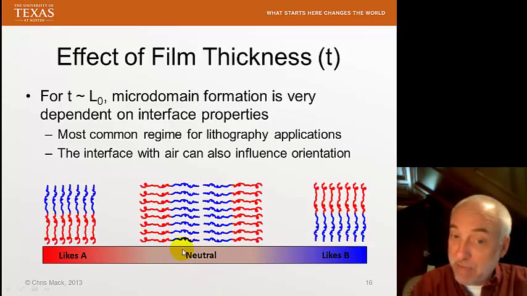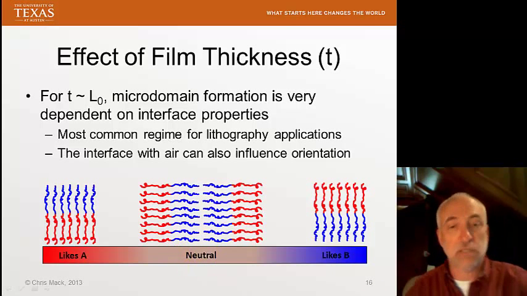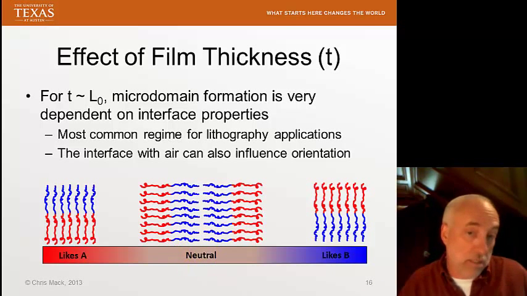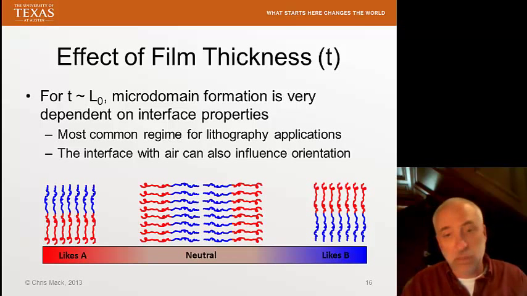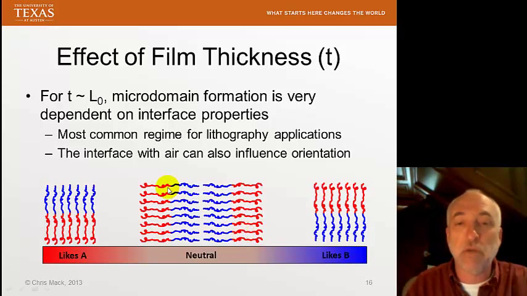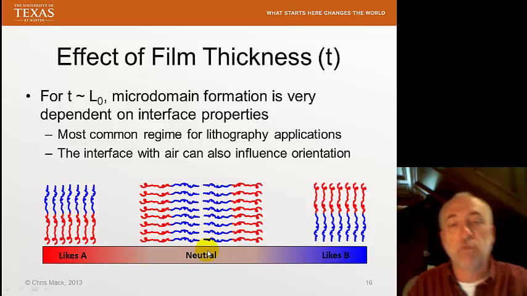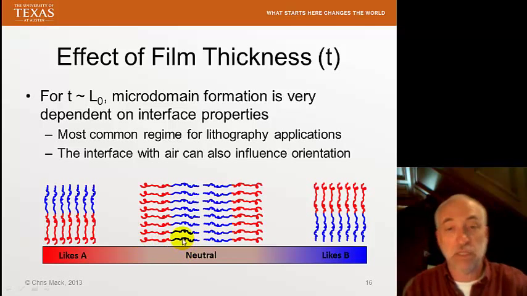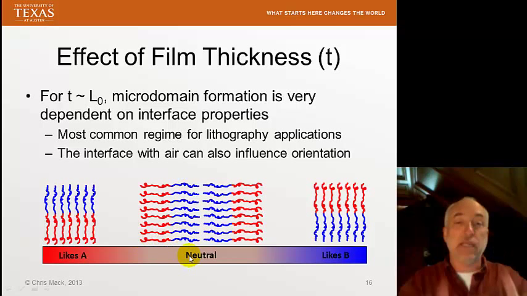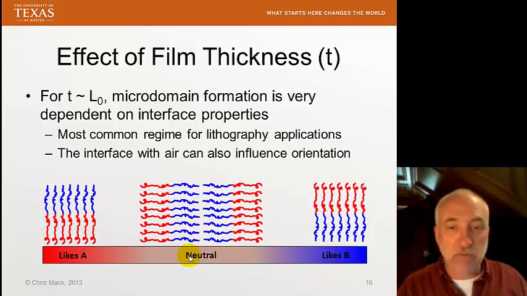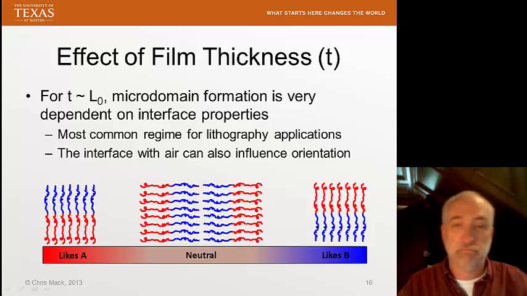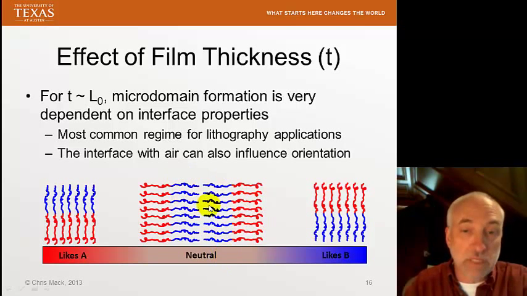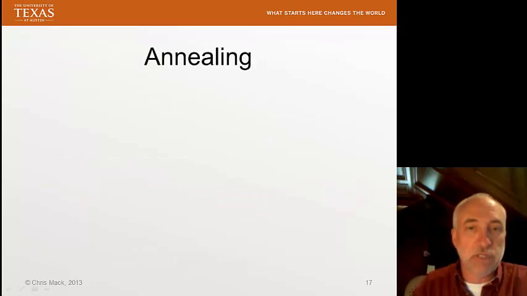On the other hand, if I have a neutral substrate, that is, a substrate that doesn't prefer A or B, it's not polar, it's not nonpolar, it just doesn't care, then the most energy efficient configuration will be the polymers lying down flat, with A and B touching the substrate, and so I'll get these vertical domains, a whole domain of A and a whole domain of B, so we call these vertical lamella. This is often the configuration we're looking for, but not always. Sometimes we want one of these other configurations instead.